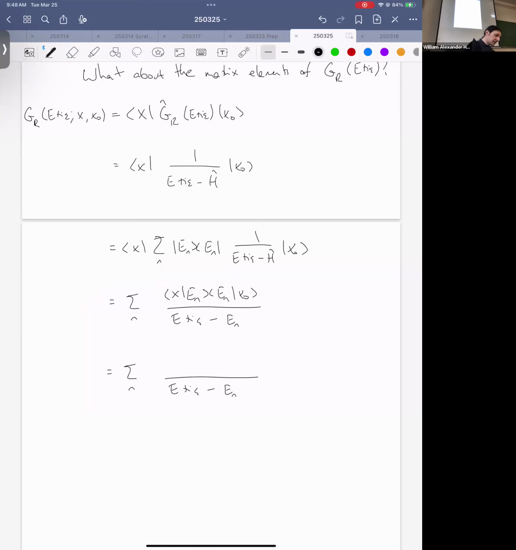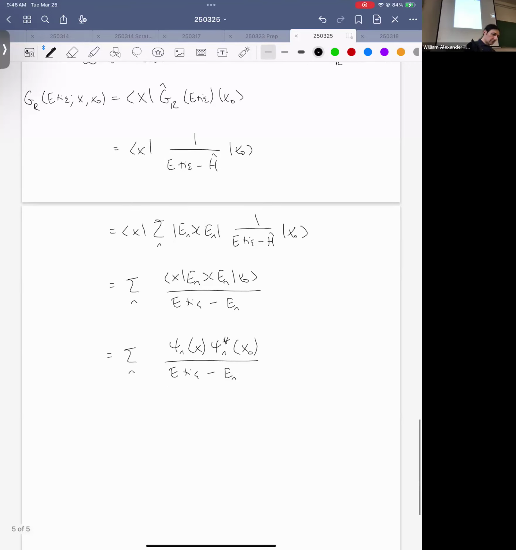Well, the numerator is precisely the energy eigenfunction for the nth state as a function of x, and then the complex conjugate as a function of x0. My notes say we're up to equation 4, so I wrote that as equation 3, and this is equation 4.